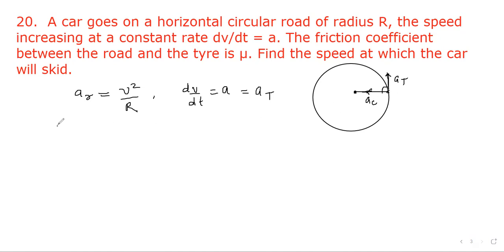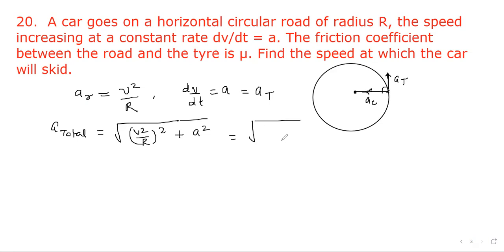So we can say a total will be the square root of a_r square, that is (v square upon R) whole square, plus a square. So this will become a square plus v power 4 divided by R square.